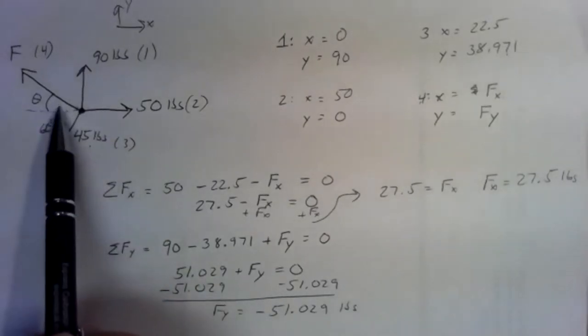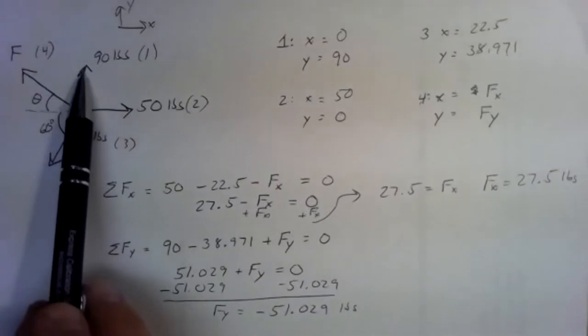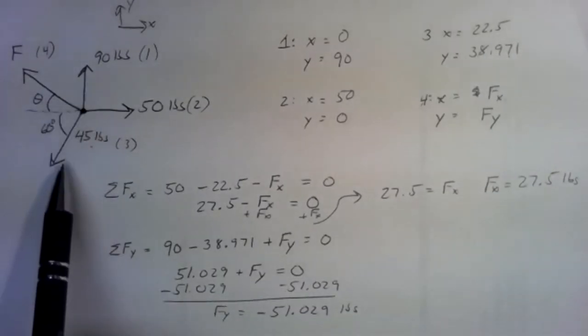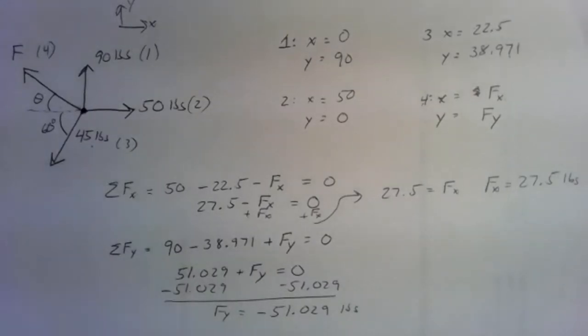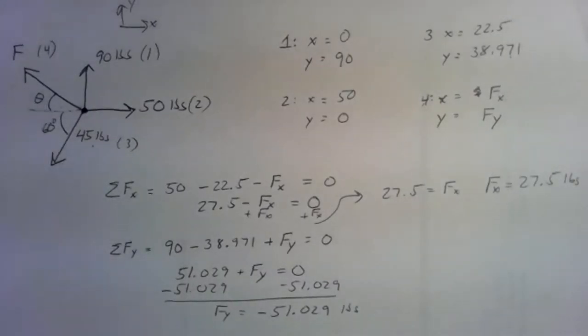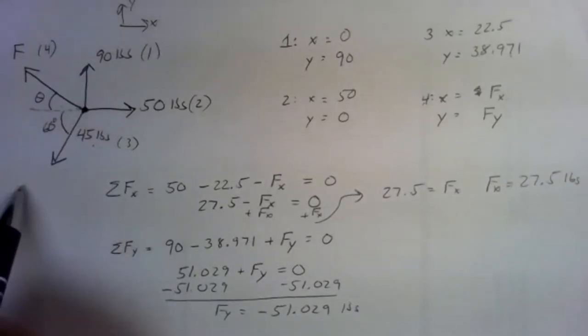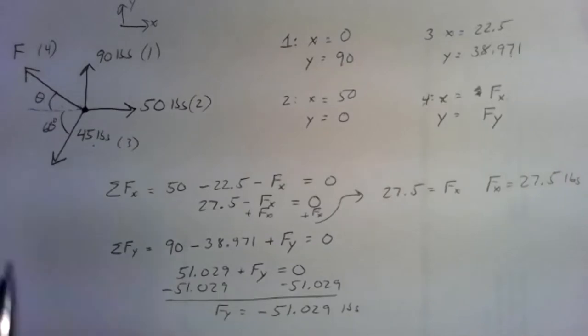I drew it up. I drew it so that it was pulling up. That was an incorrect assumption. It really pulls down. So vector F pulls to the left and down instead of to the left and up like I assumed it did.